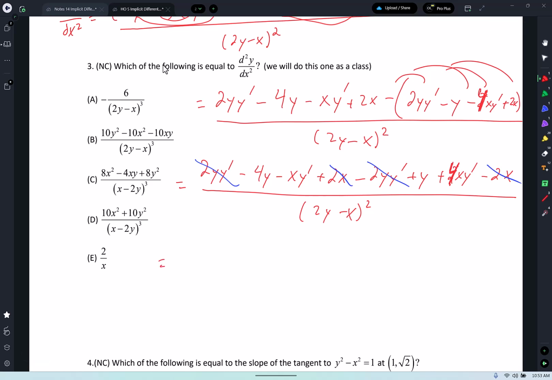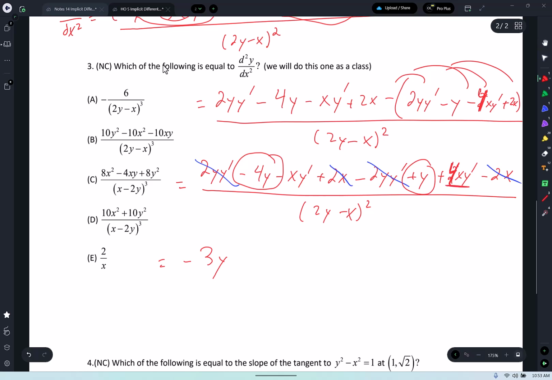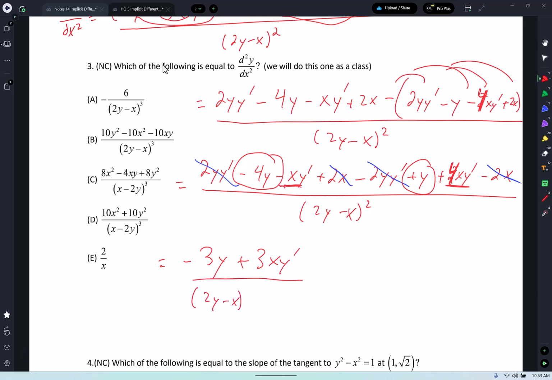I'm adding these up right here. That's a negative 3y. And xy prime and xy prime, so that's going to be a plus 3xy prime all over (2y minus x) squared. Okay, got it.